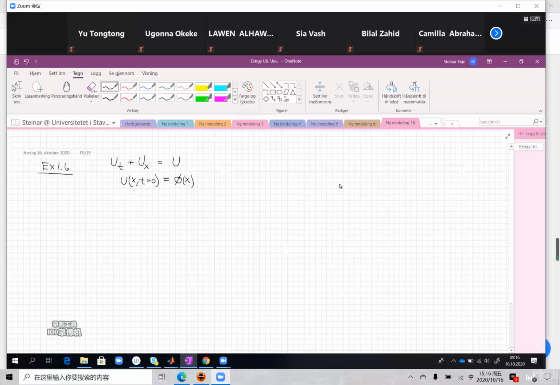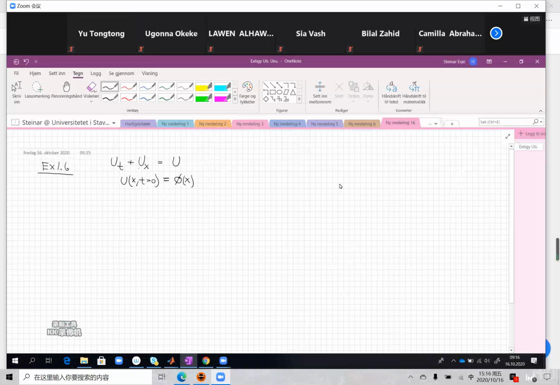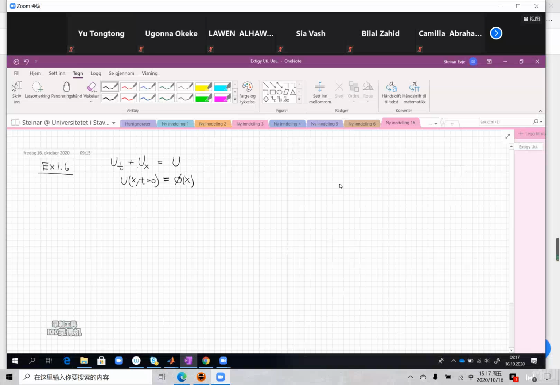So when we look at this equation, before we start doing any work, it can be wise to try to build some intuitive understanding of what kind of equation we have here. First we see that we just have a very simple coefficient in front of the u_x term. It's just 1, so it's velocity equal to 1 that rules when it comes to the transport mechanism.